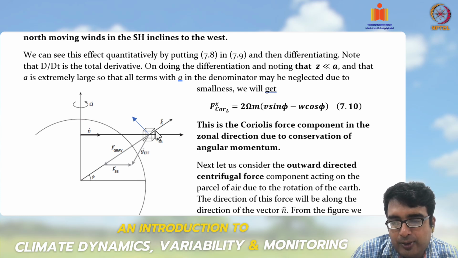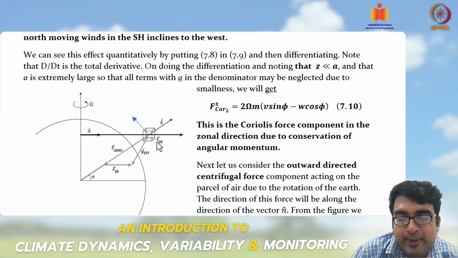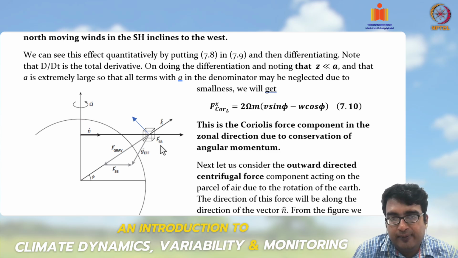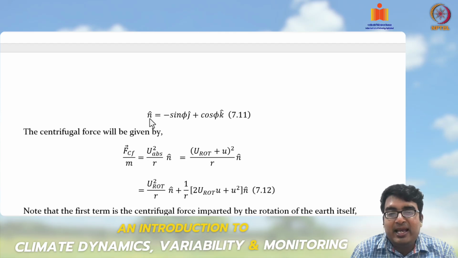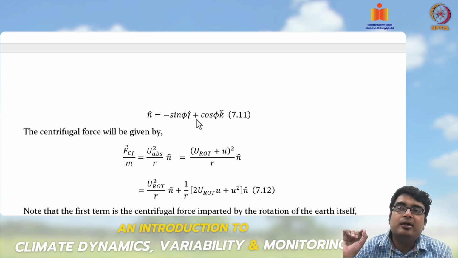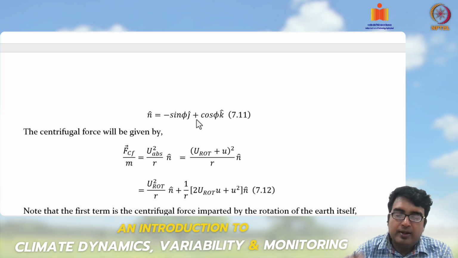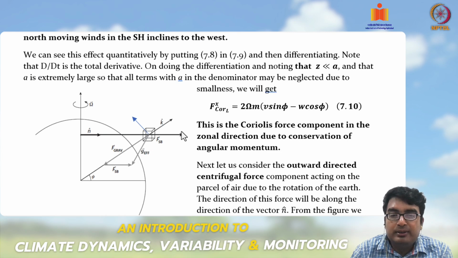So this phi is equal to this phi here. Because j is 90 degrees, this is 90 minus phi, right? So this n, if you drop in the minus j direction, this becomes cos of 90 minus phi, so minus sine phi. So minus sine phi into j, and this side is cos phi k. So you get the n vector as minus sine phi j plus cos phi k, where j is the south to north direction, k is the vertical direction, and the centrifugal force is along this direction.